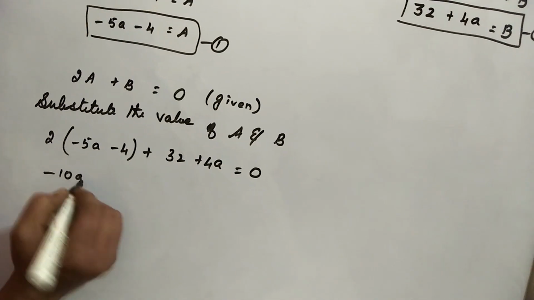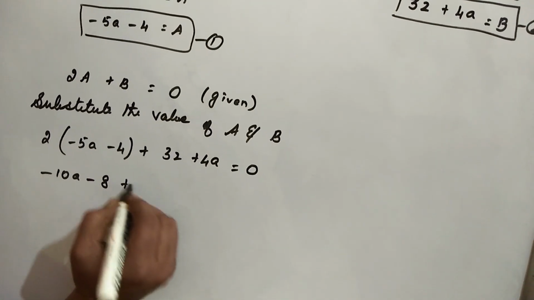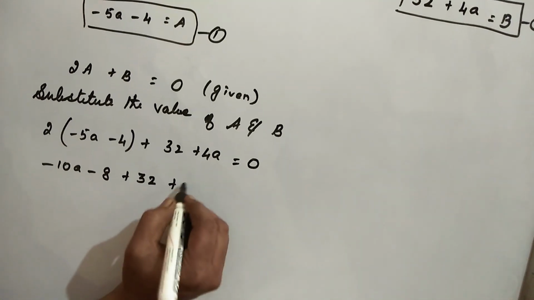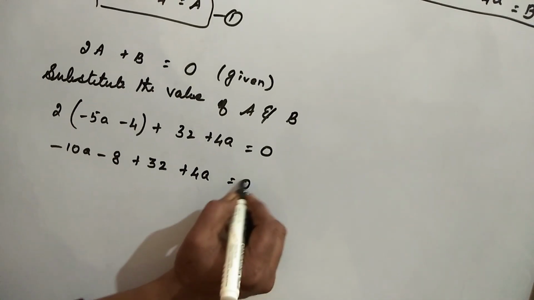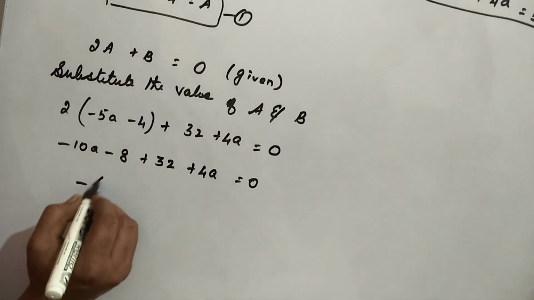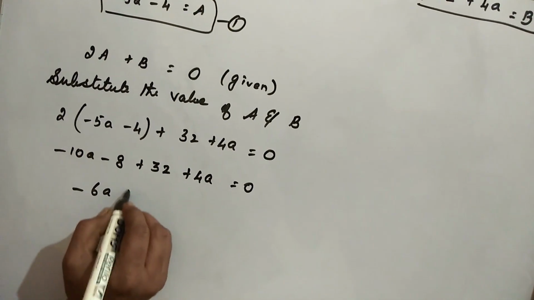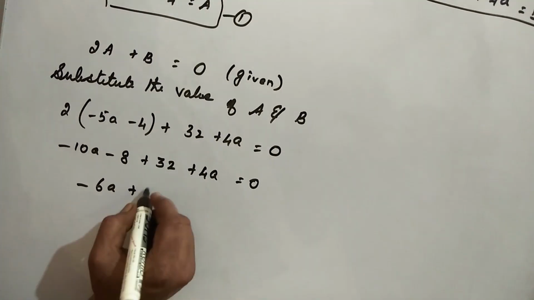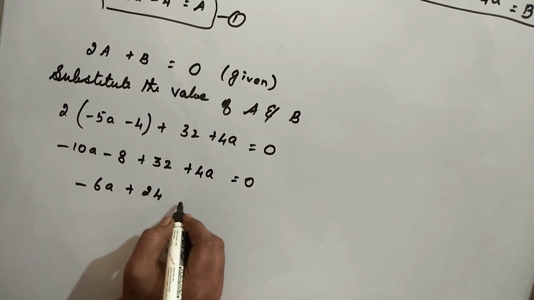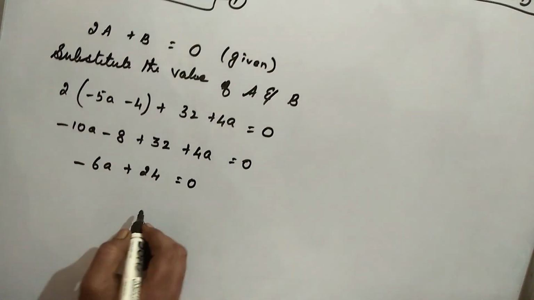Minus 10a minus 8 plus 32 plus 4a is equal to 0. Then minus 6a plus 24 is equal to 0.